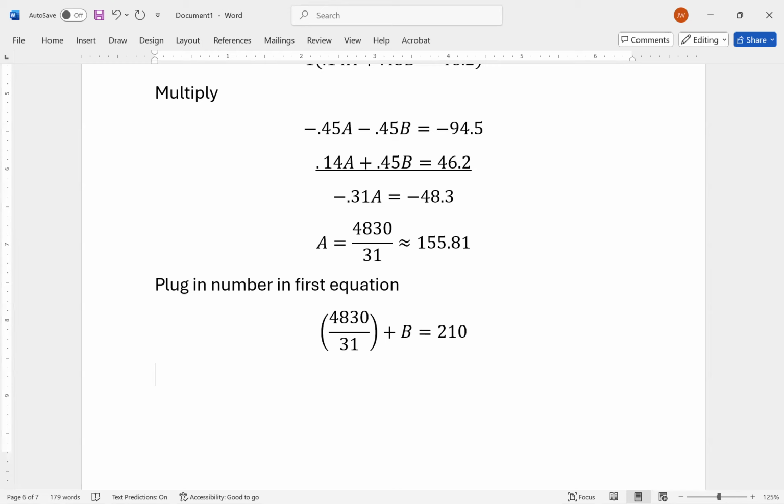If I do that, I get 1680 over 31 as my value of B, which is about 54.19. Again, you can check that these two numbers add up to 210. Looks like these two numbers add up to 210.